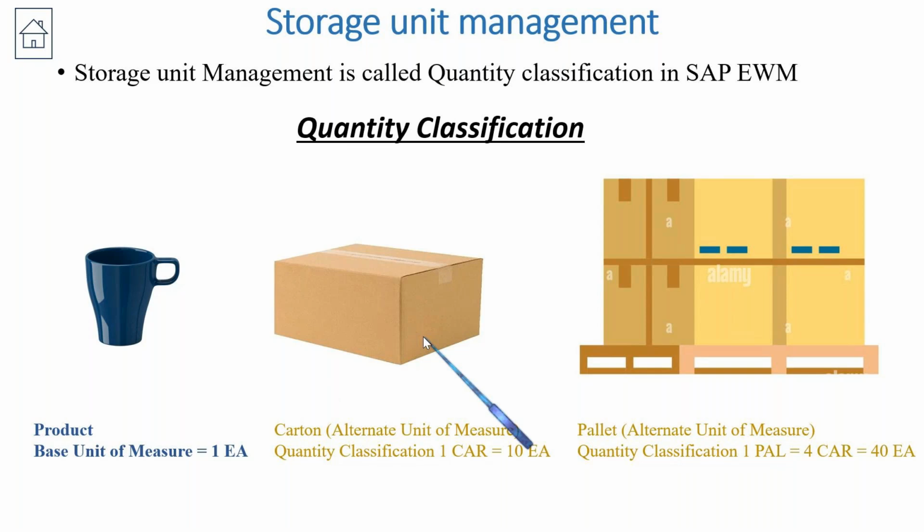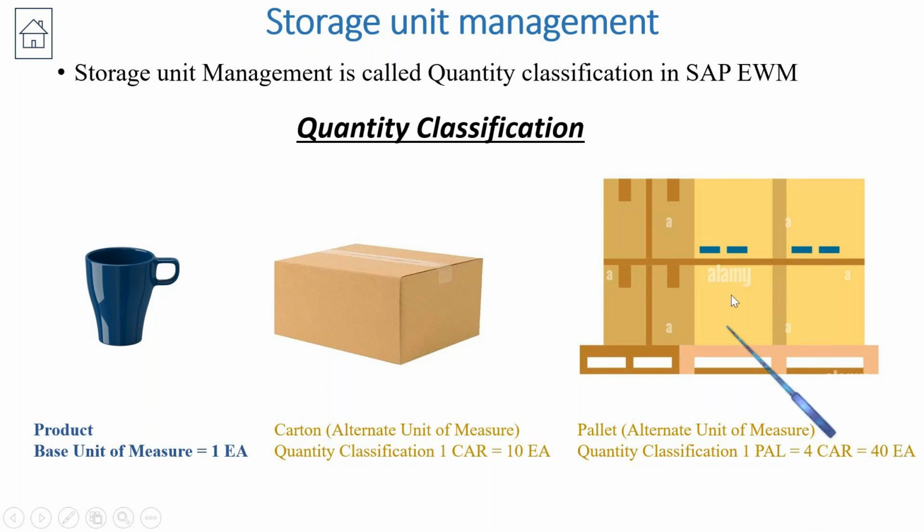Whether he is packing in a carton box or in a cover, that is not required for us. That is the alternate unit of measure. For this product, always the carton means 10 products. And for this product, always the pallet means 40 products.